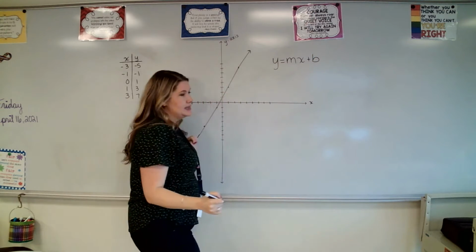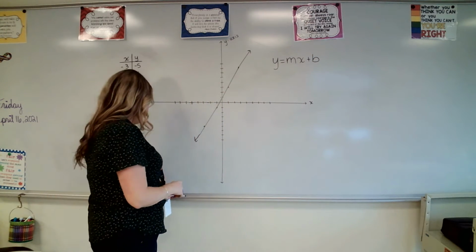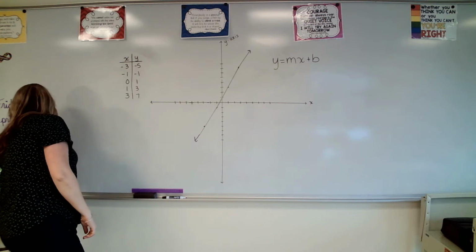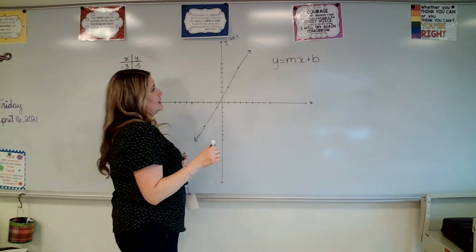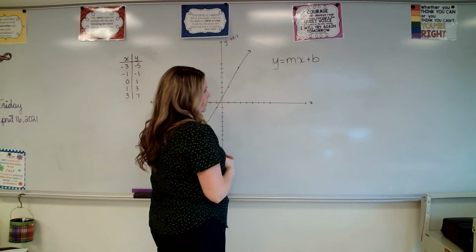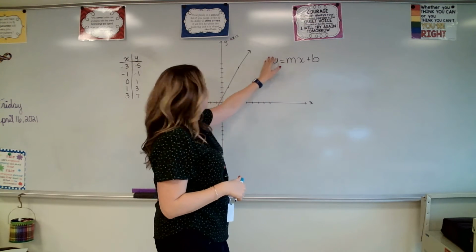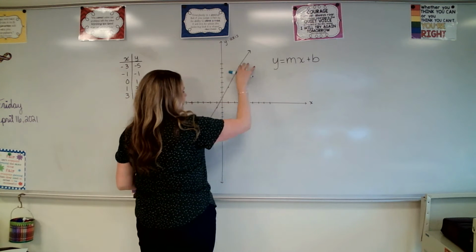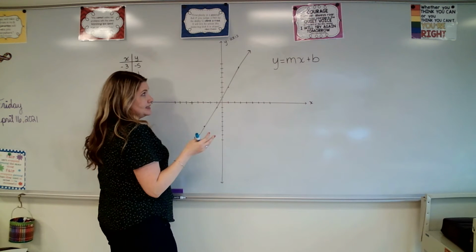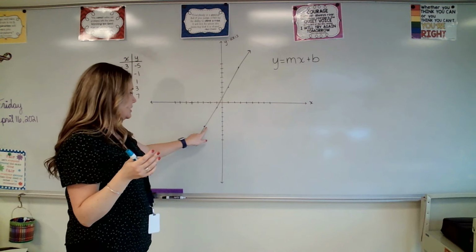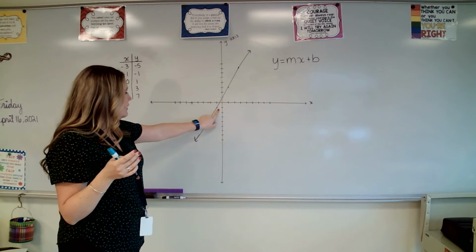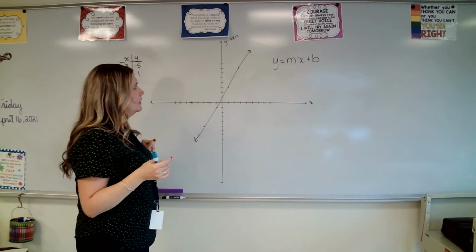You've seen y equals mx plus b in Mrs. McCoy's room. So very quickly, we're just going to review that. In y equals mx plus b, your x represents all of the x values on this line. Your y represents all of the y values on this line. So your x and y can always change because you can be talking about this x and y, or this x and y, there's x and y's in the middle.